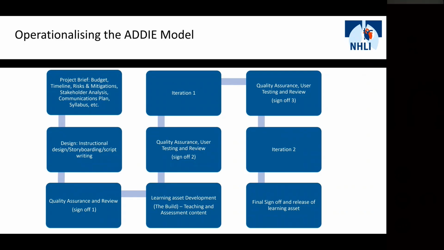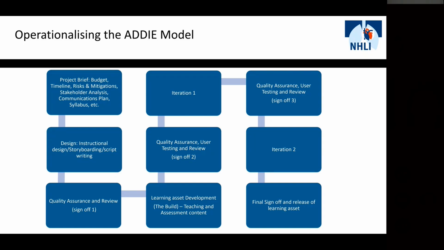And following our first review stage, we then have our first iteration step, and then a second quality assurance, user testing review, and a second iteration step. Now, just to flag here, the purpose of these quality review and iteration steps are really to catch out anything major that may have gone wrong in terms of planning and delivery, but also to catch out any potential technical issues if something doesn't present or sit correctly on screen.